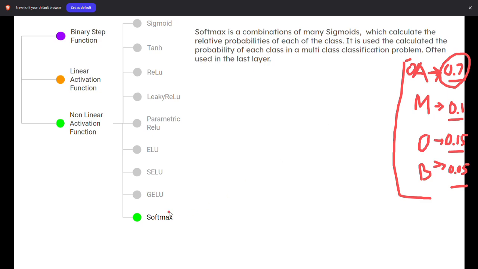It is mostly used in the last layer. We cannot draw the graph for this. Okay, this is the function for softmax.